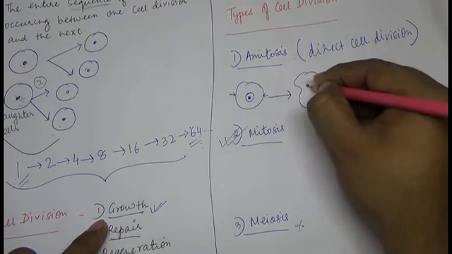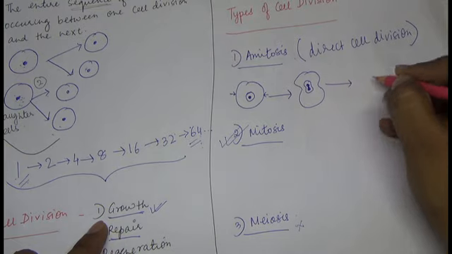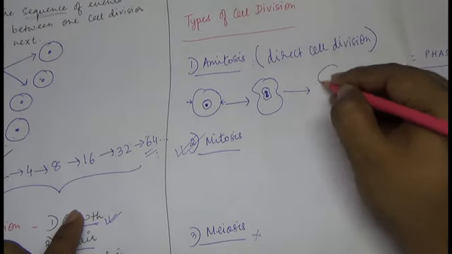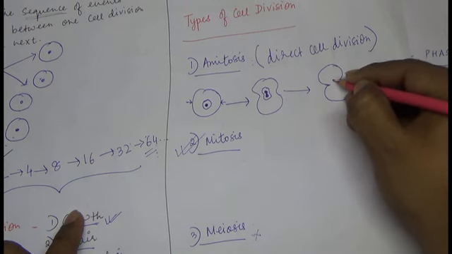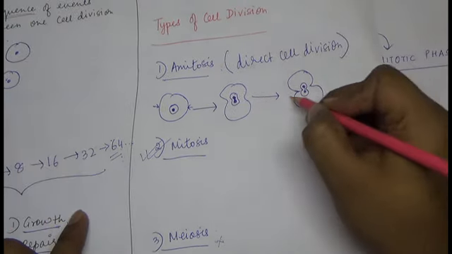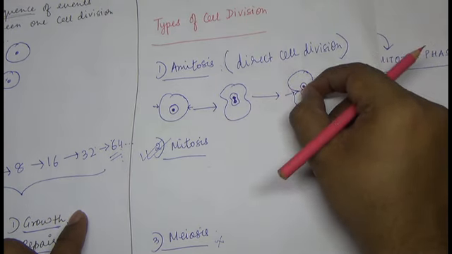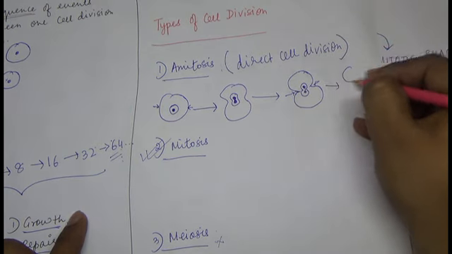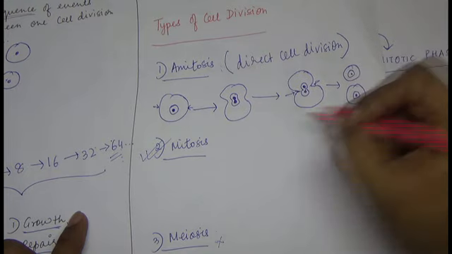And similarly, the nucleus will also be constricted. This constriction will further increase, and finally these two portions will come close to each other, thereby leading to the formation of two individual daughter cells with two individual nuclei.